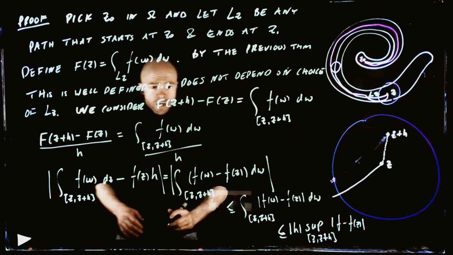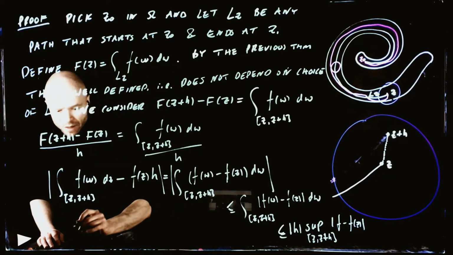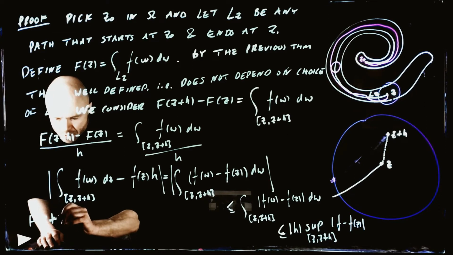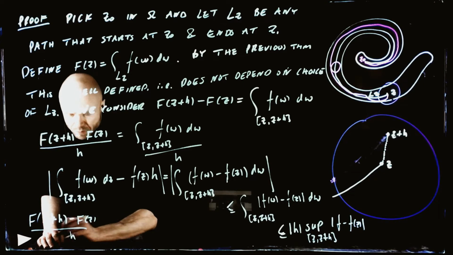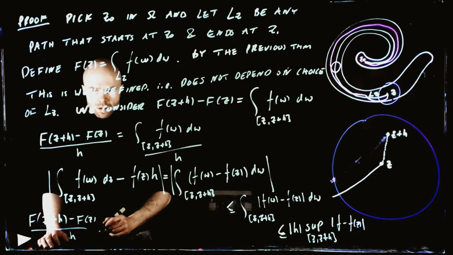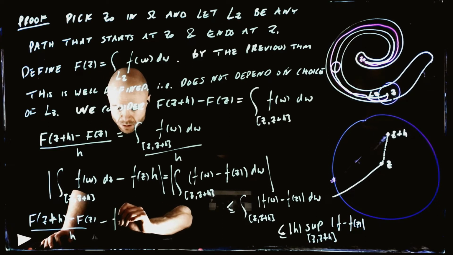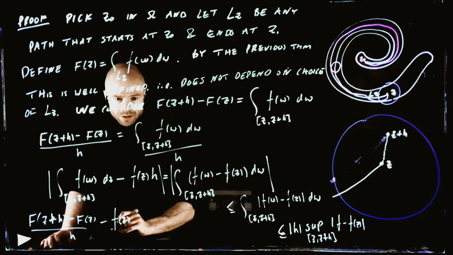So when we take this expression minus f of z, so capital F of z plus h minus capital F of z over h, minus just f of z itself, right?